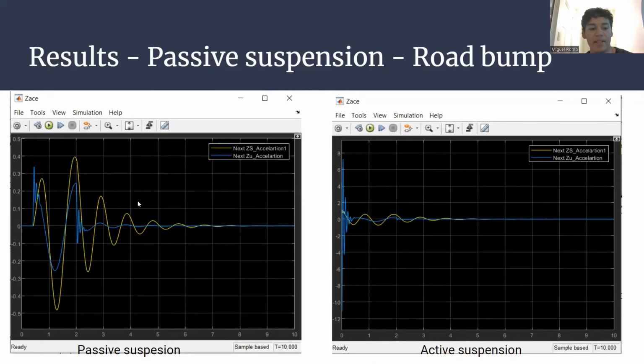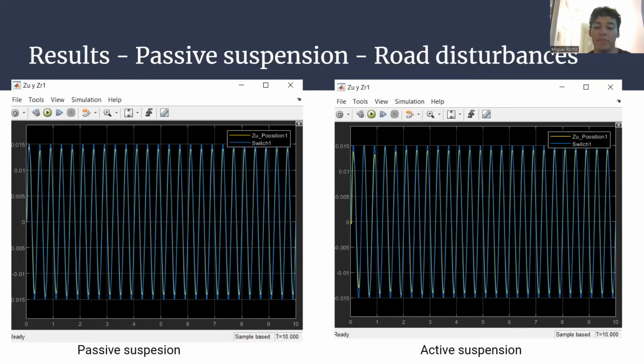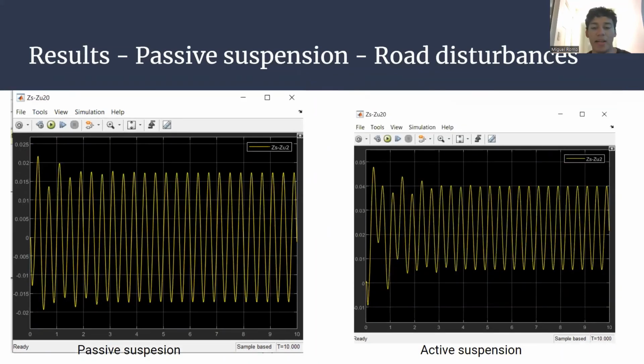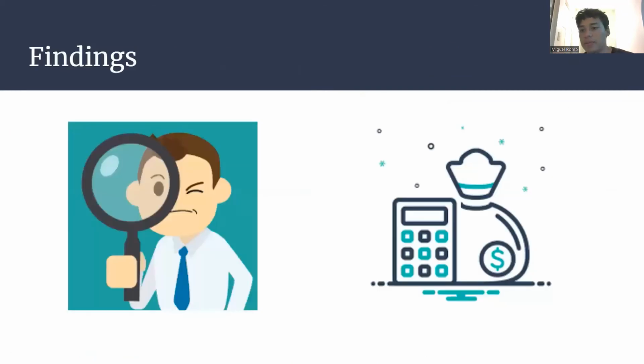Here we have the difference in acceleration, and here we have the difference in the road disturbances. As we can see, the active suspension moves more than the passive suspension, as we see in the road bump, and we have the same results in the differences and the acceleration. So having this, we can see the difference. The active suspension moves more with the road, so it would feel smoother.